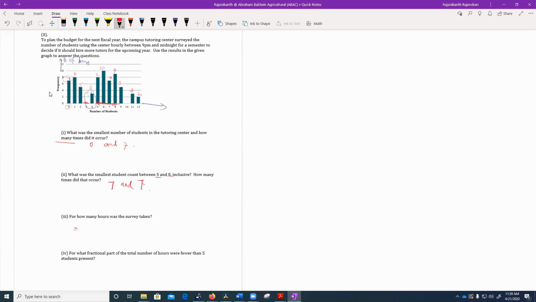Simply add all the possible hours. That's what I have found, all the bar heights. The height of the bars are simply the number of hours. So if you add all the heights of the bars, it will give the total number of hours you made the survey. So the answer is simply add all the heights of the bars.